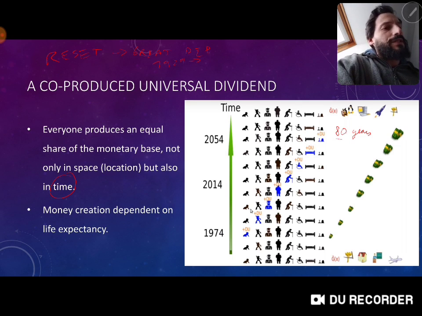because this is kind of life expectancy, the formula generating the monetary base and the upgrade in the value of the universal dividend is based on life expectancy.